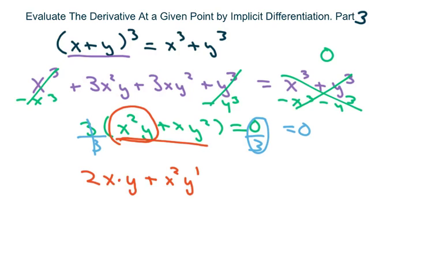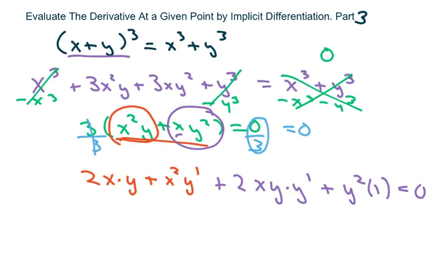And now the second part, we're going to take the derivative of y times x, so that's going to be 2xy times y prime, the derivative of y, and then plus y squared times the derivative of x, which is just 1.